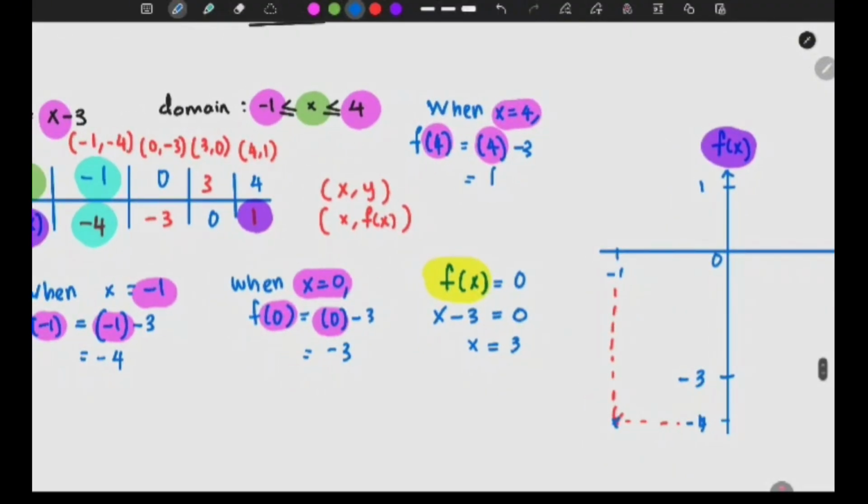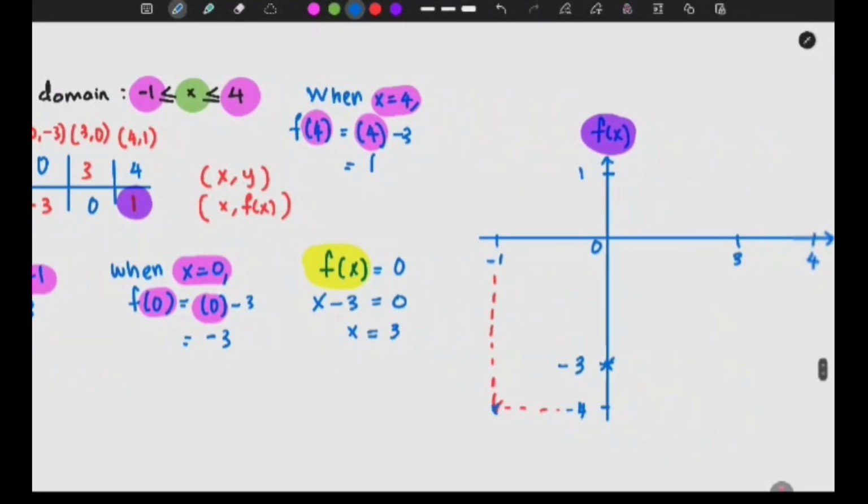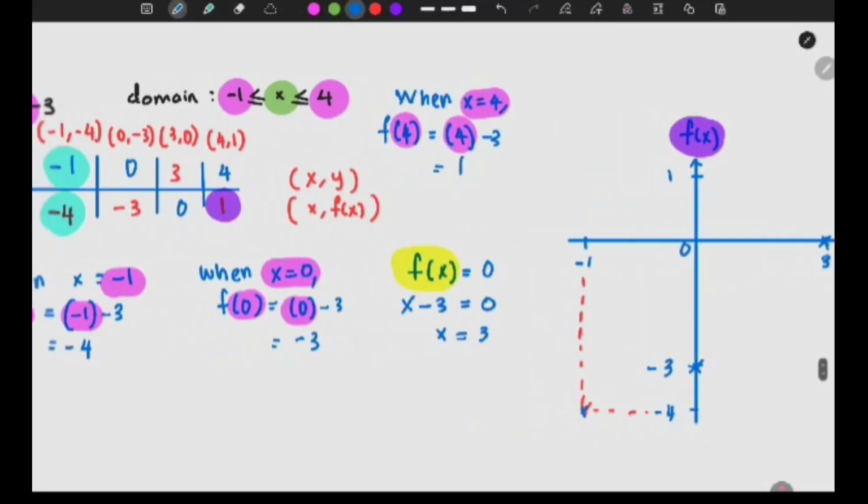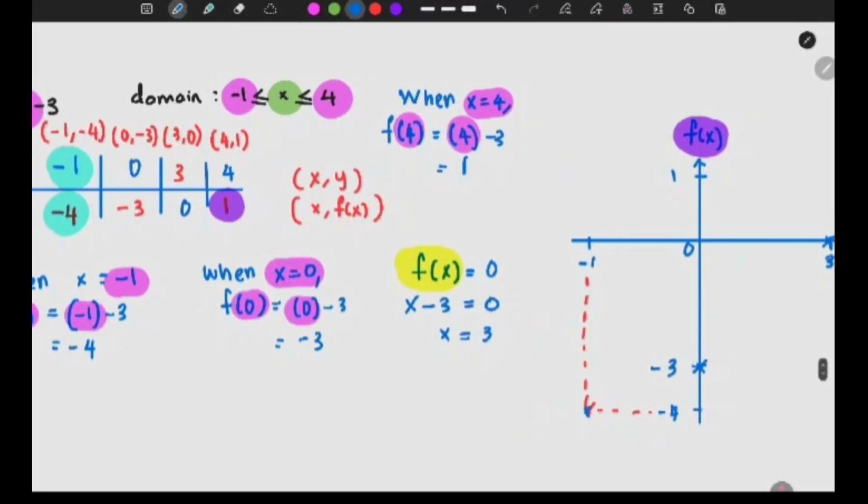So your x is 0, your y is -3. Isn't it somewhere here? Your x is 3, your fx is 0, somewhere here. And your x is 4, your fx is 1, so somewhere here.